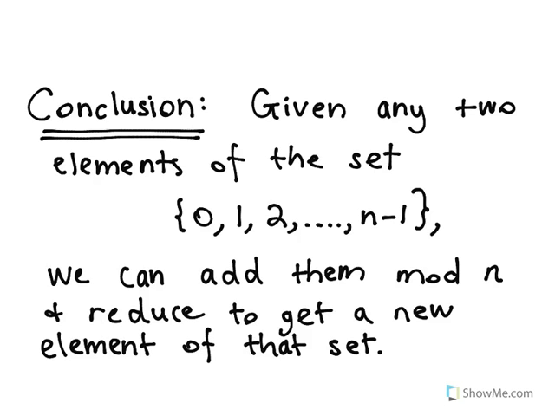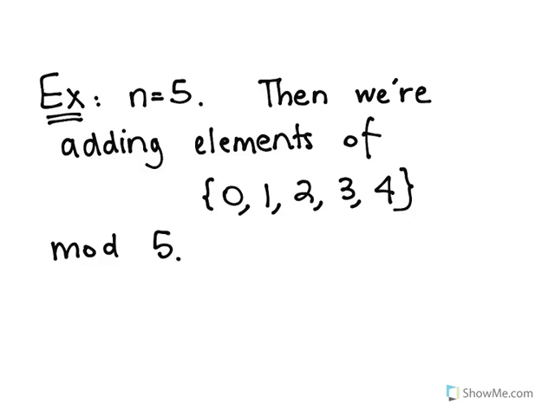So for instance, let's see what this says in the case where n is equal to 5. When n is equal to 5, we're adding elements of the set 0, 1, 2, 3, 4 modulo 5. For instance, if I want to add the elements 1 and 2 from that set, I can do it.